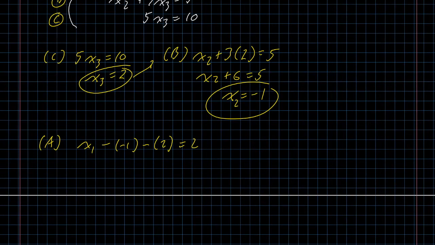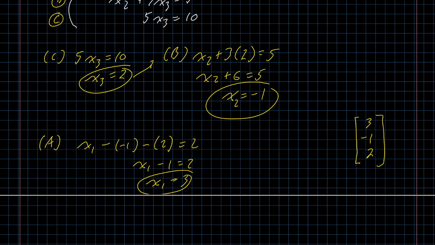Cleaning up a little bit, this is x1 minus 1, which means that x1 itself is 3. Once again, we have just one solution. I will write it as a vector. x1 is 3, x2 is -1, x3 is 2. And to write our solution set, we write the set which contains that vector.